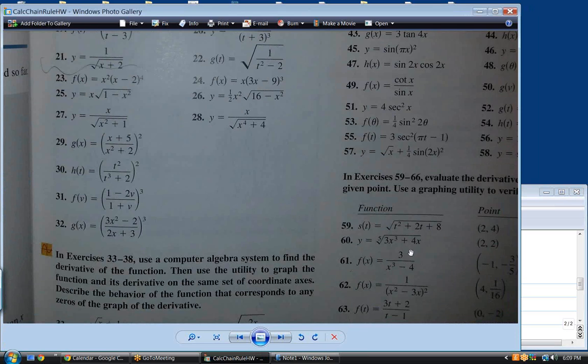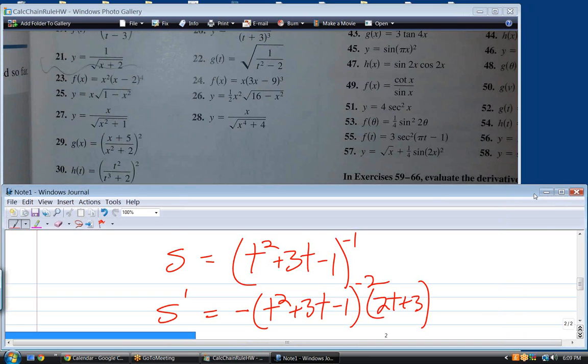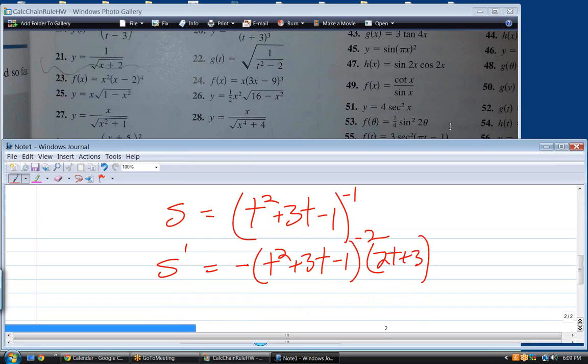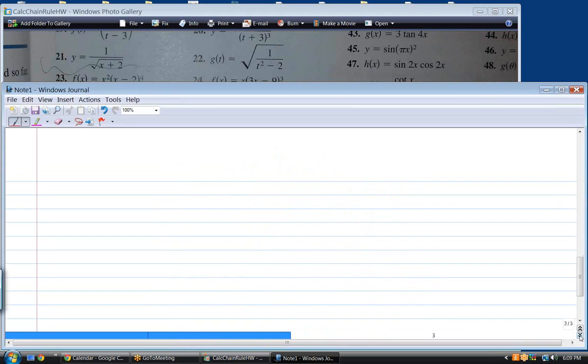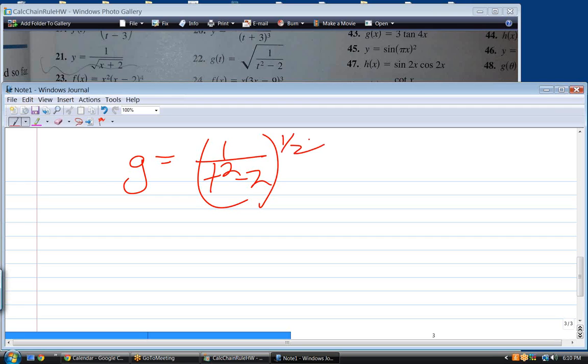Number 22 looks kind of interesting. Let's have at that one here. So I've got g equals, well, I'm going to just start right off by getting rid of the radical sign. Now what?